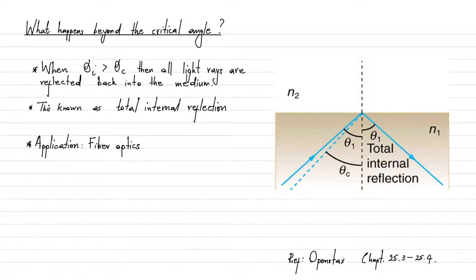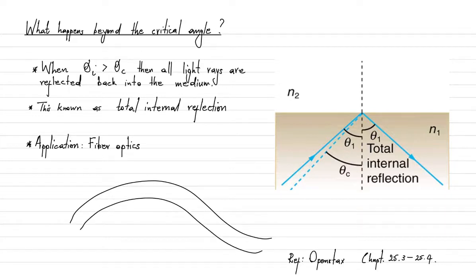Because of this phenomenon, total internal reflection, although the tube might be transparent, the light ray simply is contained inside. And because this is a light ray, the speed of light is much faster than the speed of electrons in a copper wire.